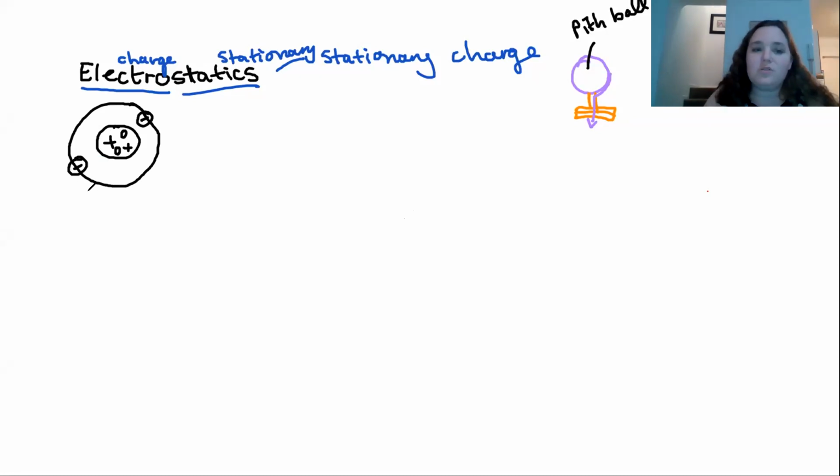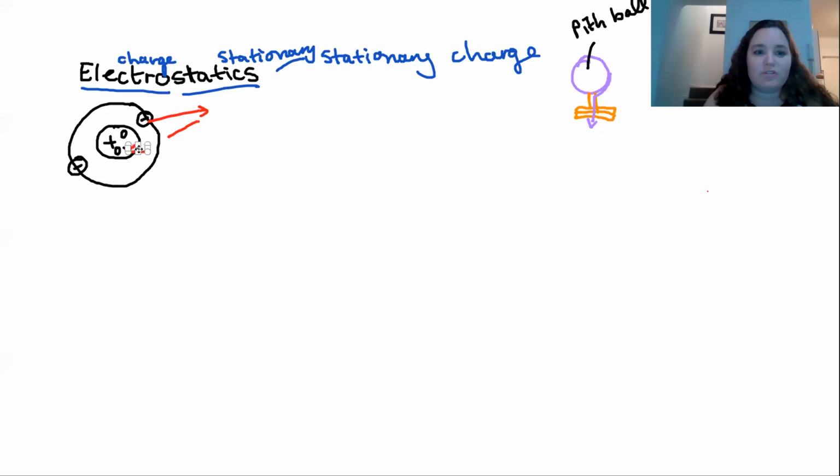The protons don't move because they're stuck in the nucleus at the center of the atom, and in fact, they're very, very difficult to get out. For something to gain or lose electrons, okay, that shouldn't technically be lose. Let's move that there, and let's collect the other bit of it.